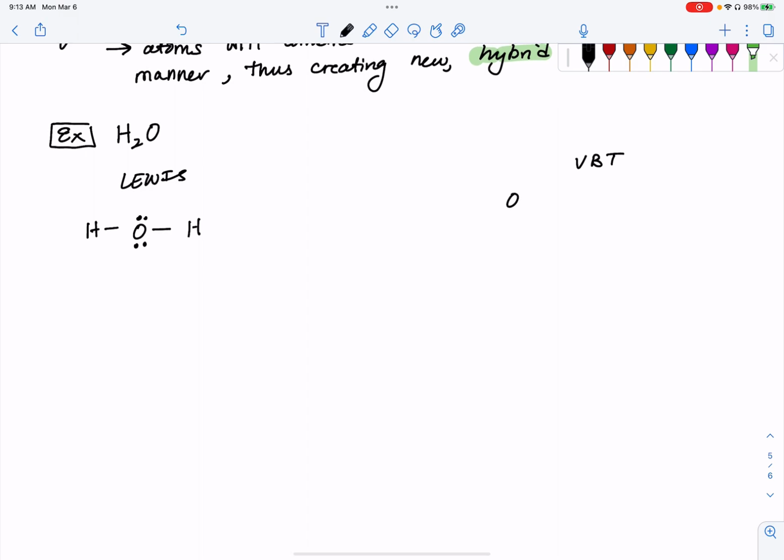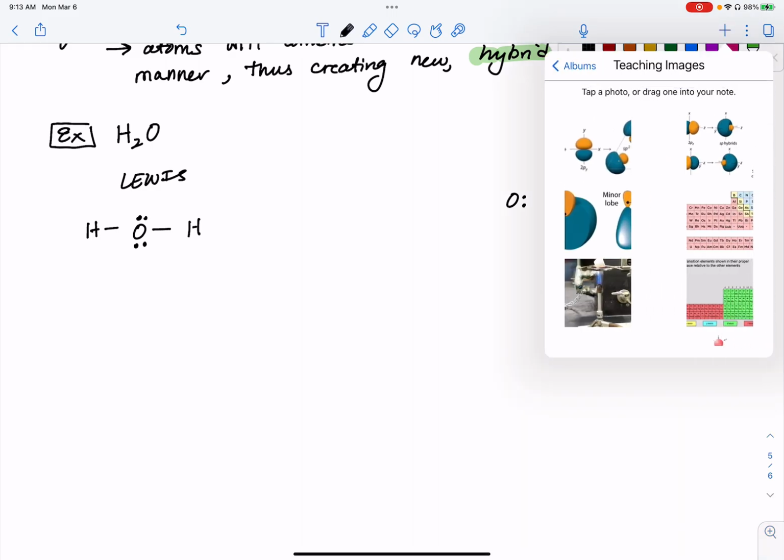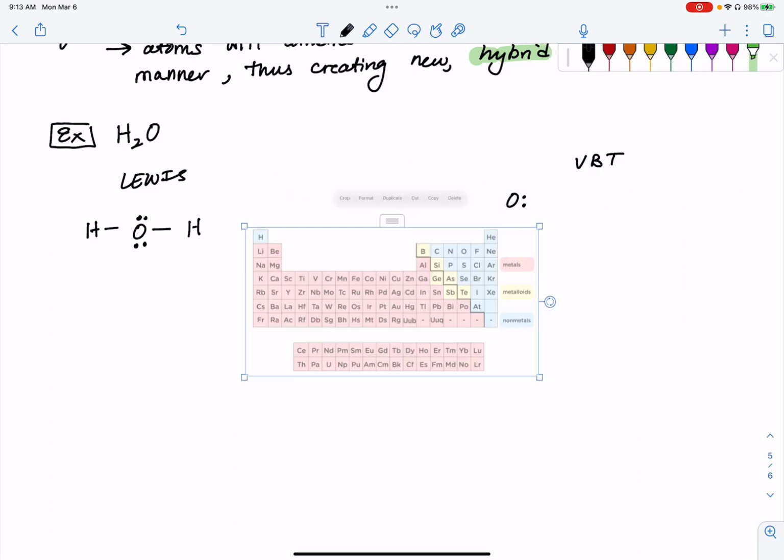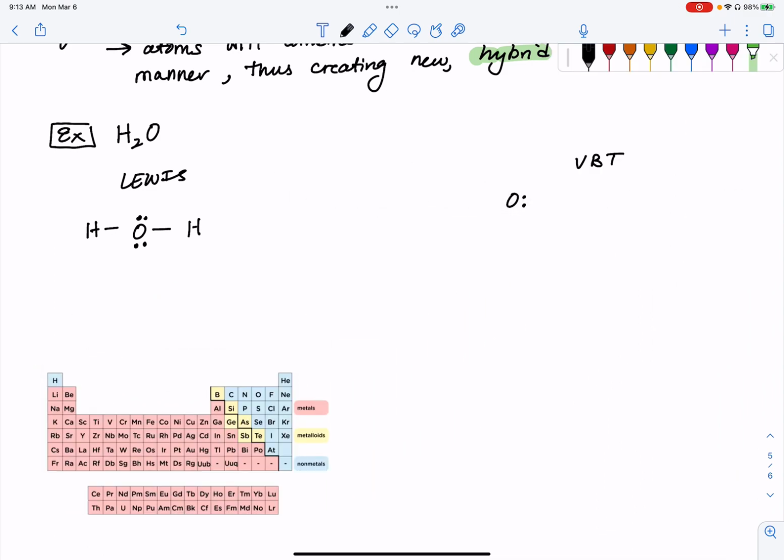So if I think about the oxygen valence orbitals, on the periodic table this would be my helium core electrons, followed by my 2s2 and 2p4 valence orbitals. And my hydrogens are each 1s1.